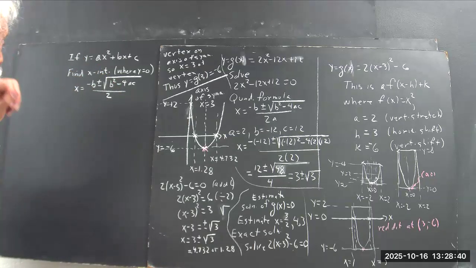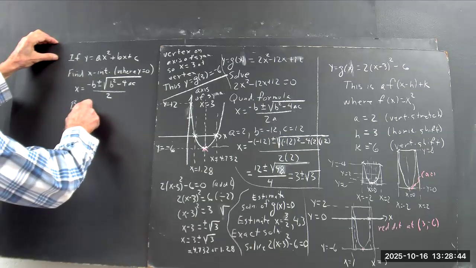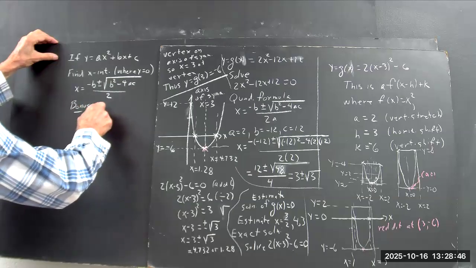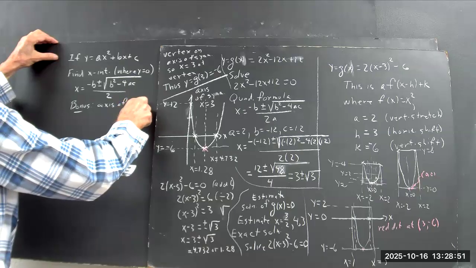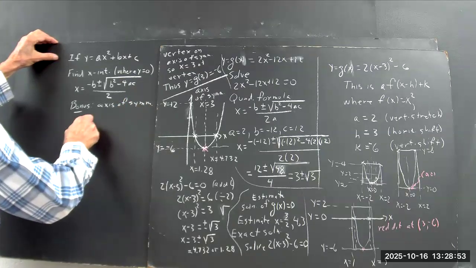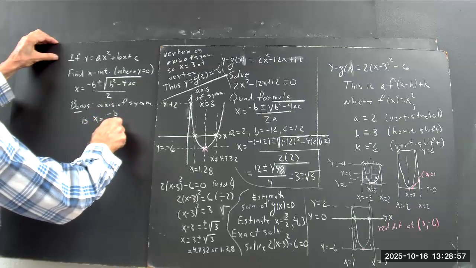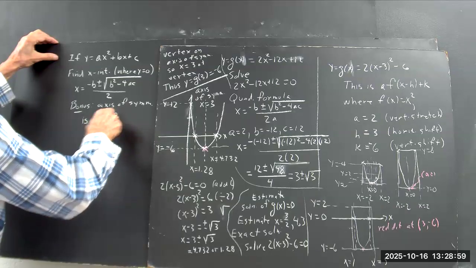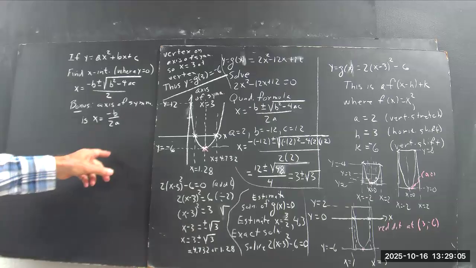Now, another bonus. Here's where the axis of symmetry is. Why is this the axis of symmetry?